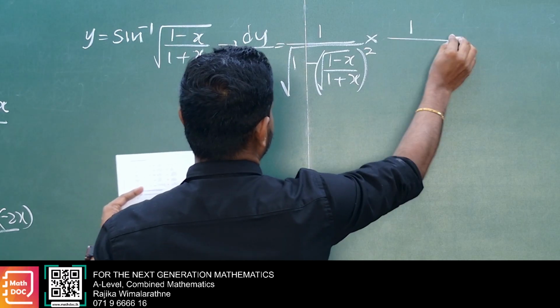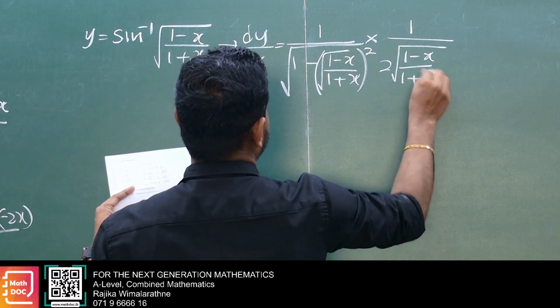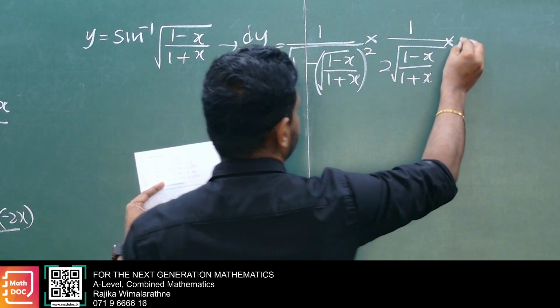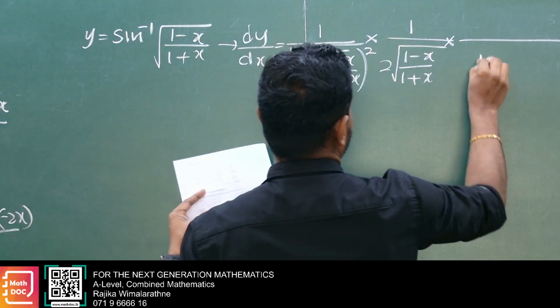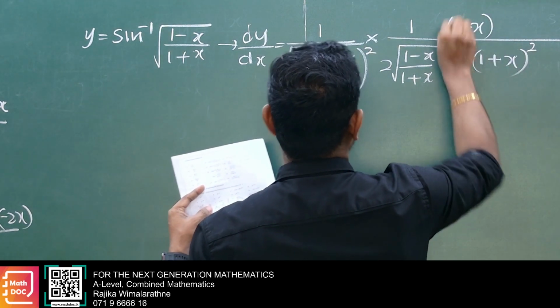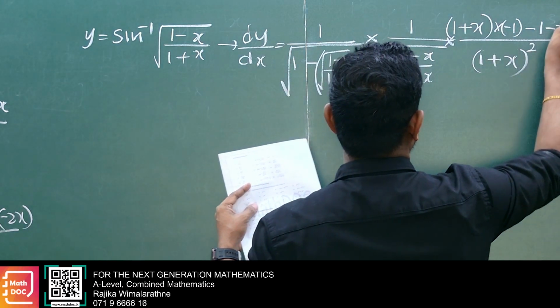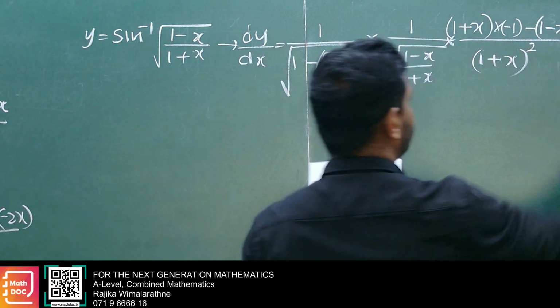Square root derivative 1 over 2 root of 1 minus x over 1 plus x, into, here denominator is square, denominator times derivative of numerator minus numerator times derivative of denominator.